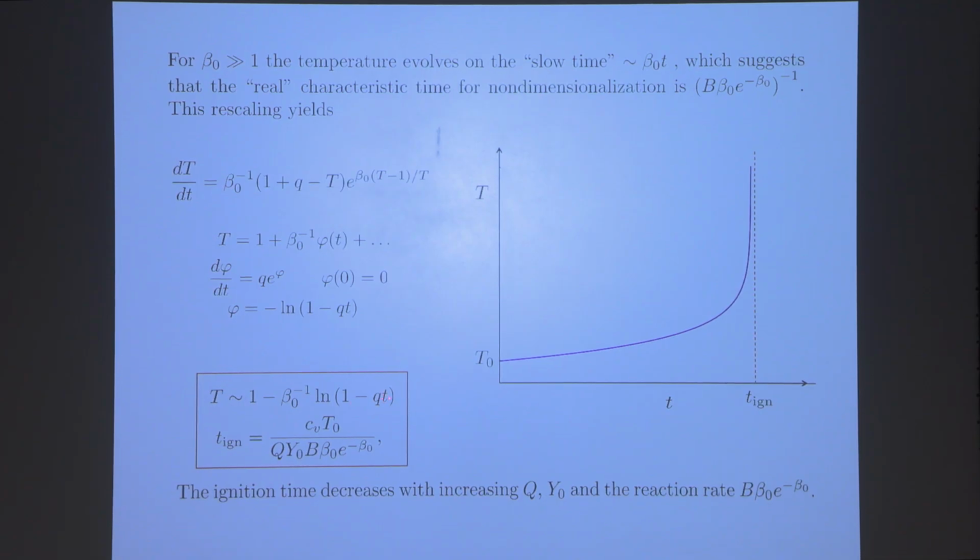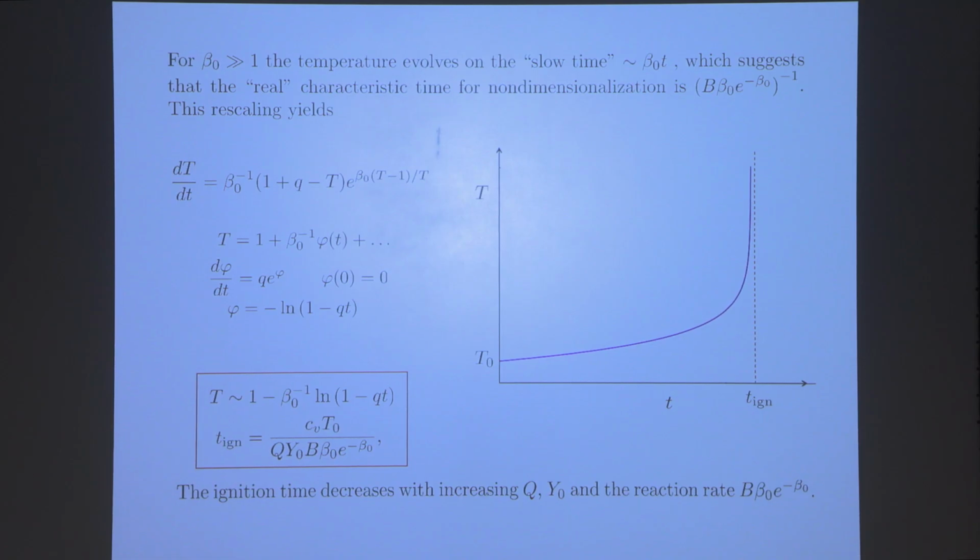So when T is 1 over Q, then the log goes to infinity, and the temperature goes to infinity. Of course, it goes to infinity as a perturbation from 1, and then there is the rest of the curve. But I'm interested in defining ignition, and so I have a very clear definition in terms of physical quantities, okay?